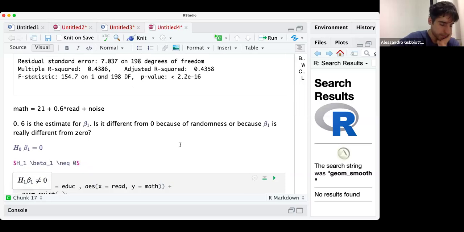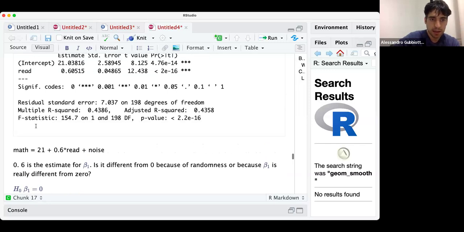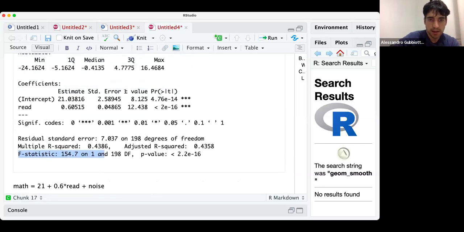Now, we already did this test actually. All the mathematics involved is basically, apart from ANOVA, this F statistic, because you see here there is a T statistic. Many tests repeat themselves across different functions.